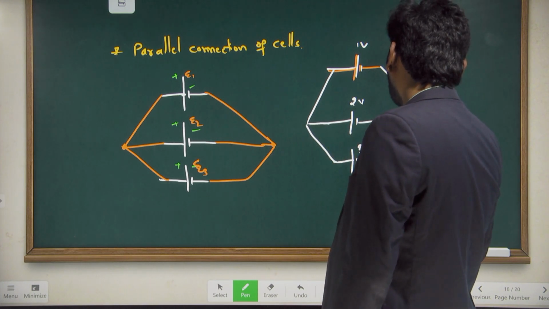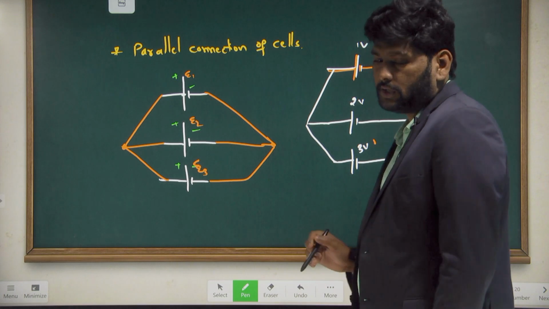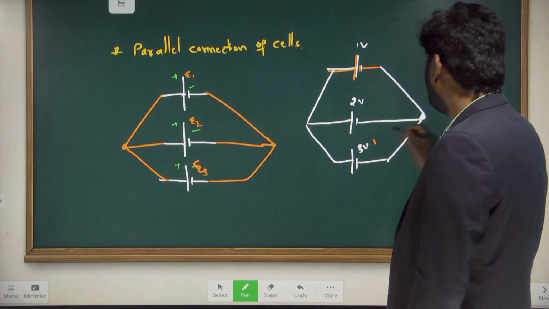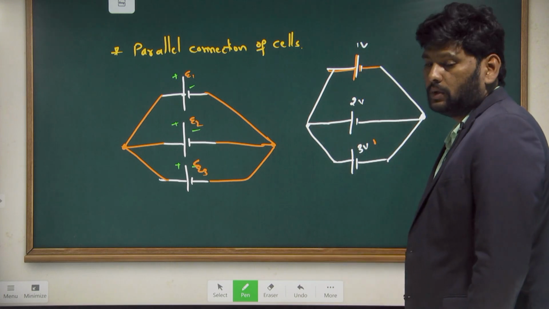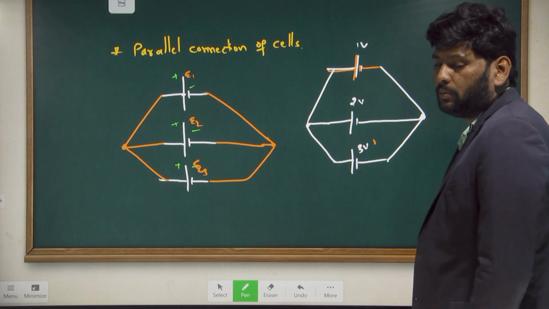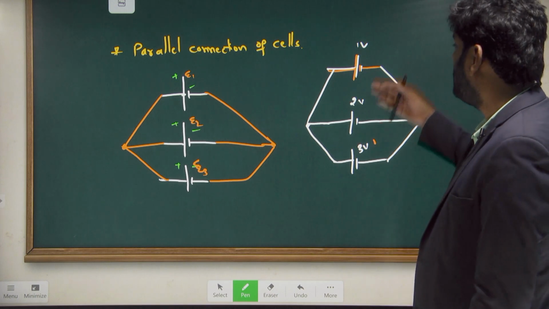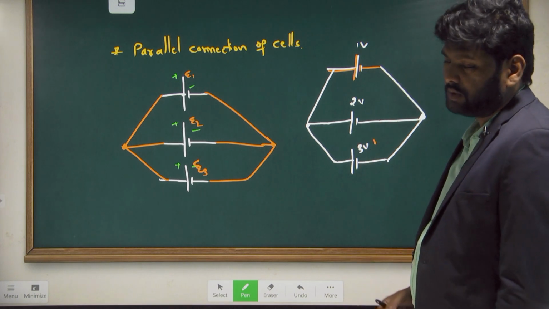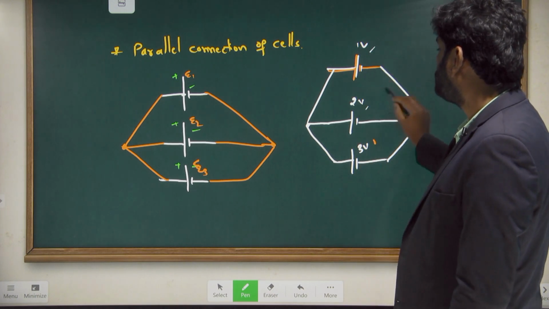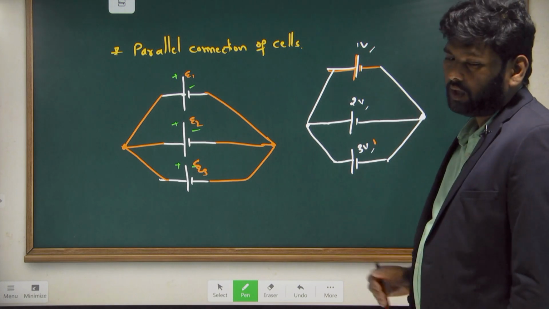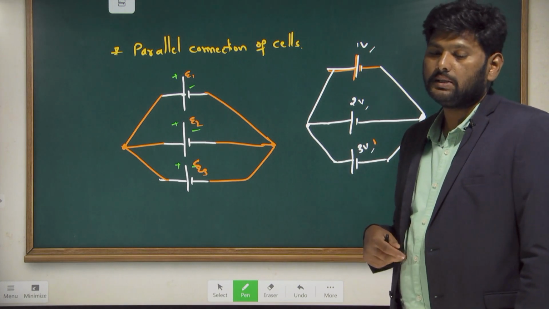Parallel means all the positive terminals at one point and all the negative terminals at another point. So the connection is said to be a parallel connection. Here this is 1 volt, this is 2 volt, this is 3 volt. This is the way I connected the cells in parallel.